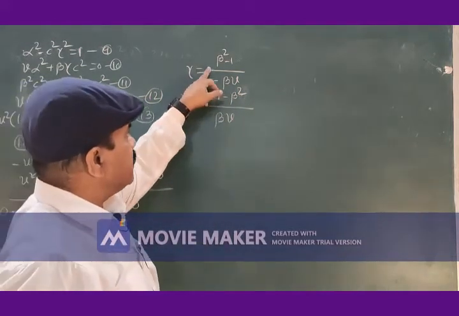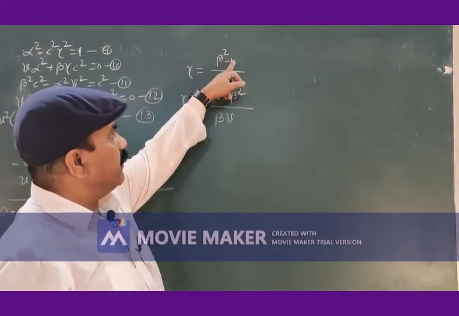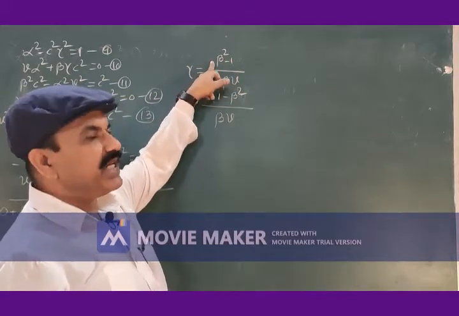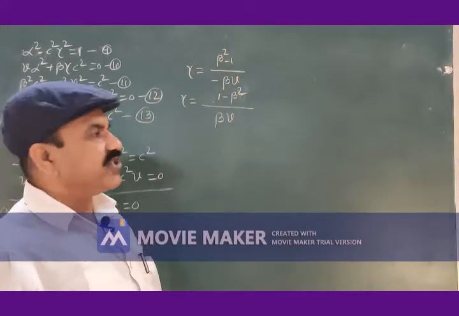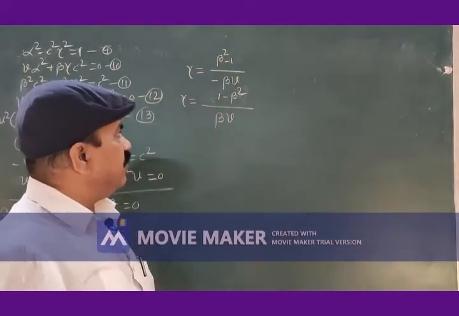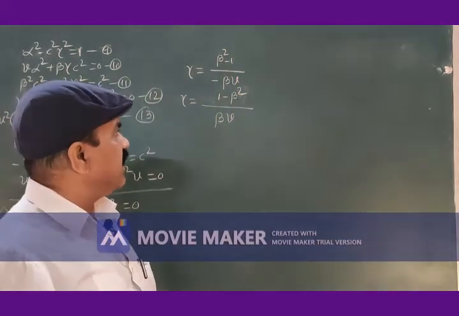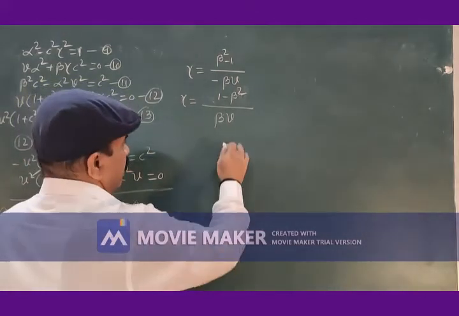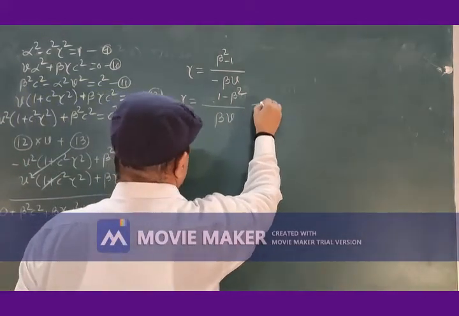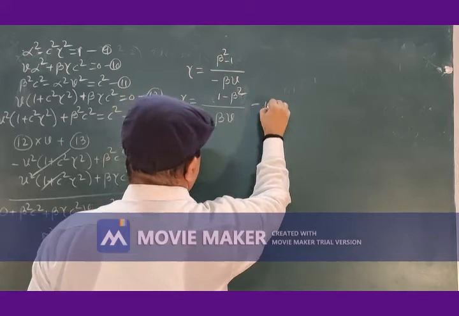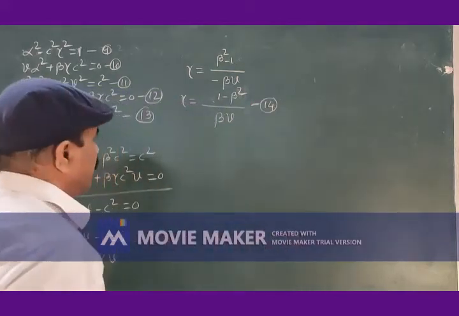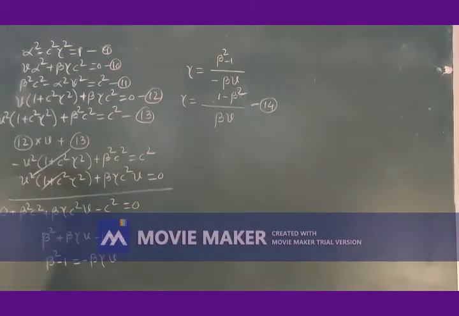This minus is taken here, multiplied to this; beta square will become minus, minus 1 will become plus, and so gamma is equal to 1 minus beta square divided by beta v. Value of gamma, equation number 14. Comparing 12 and 13 and doing these manipulations, we got equation 14.